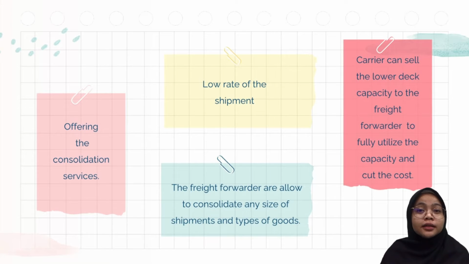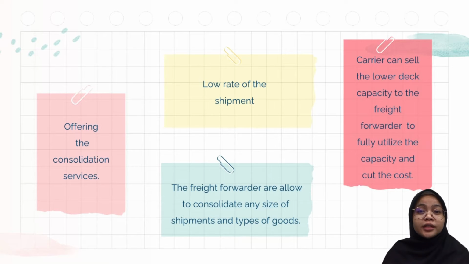The carrier can sell the lower deck capacity to the freight forwarder to fully utilize the capacity and cut the cost. During this COVID-19 pandemic, as we know, the capacity of passengers became limited. So, it allows more services towards the freight forwarder to send their shipment.